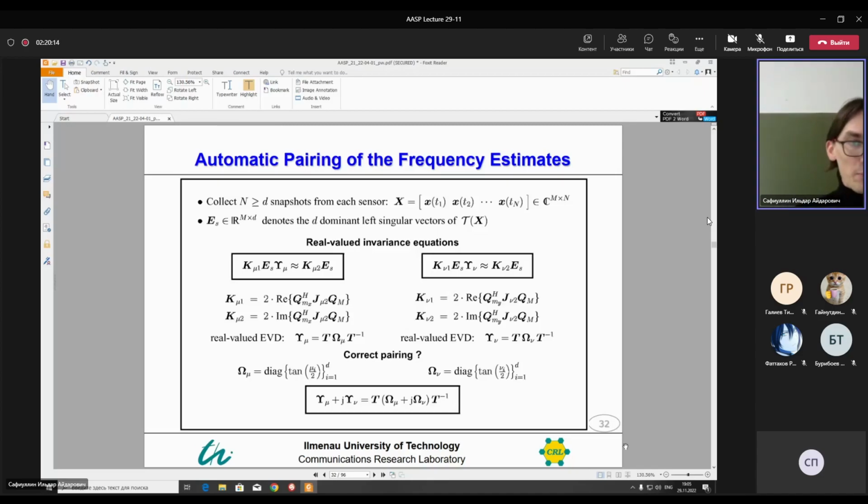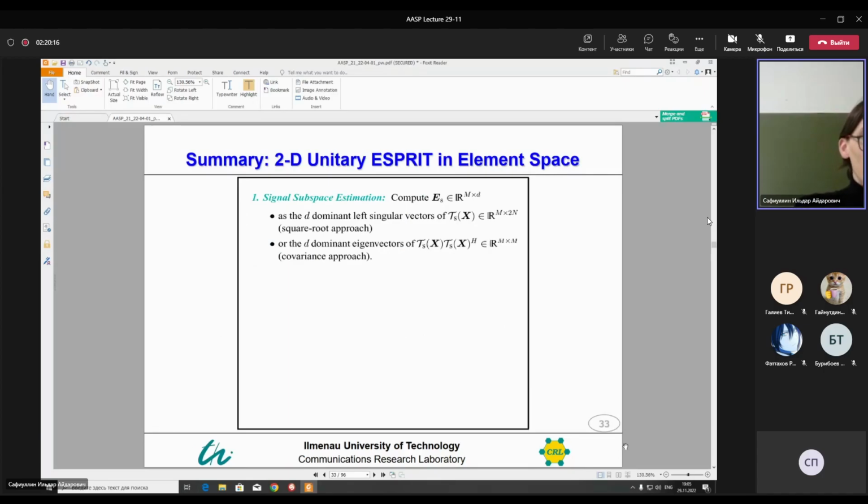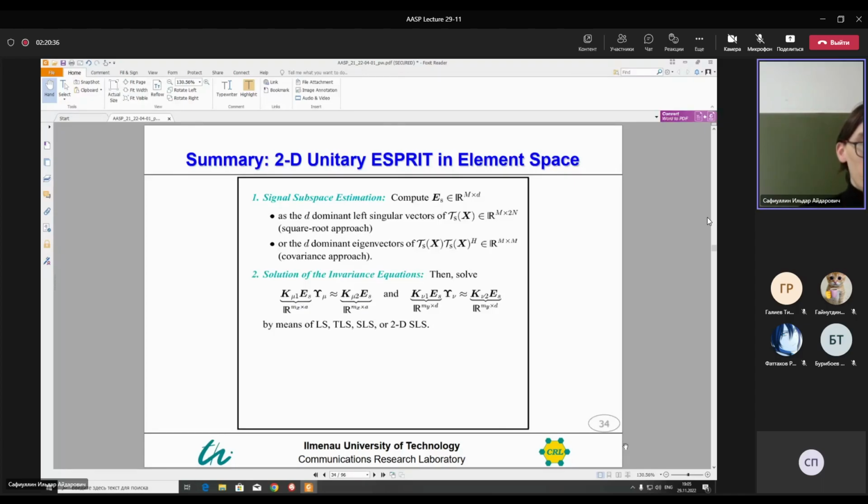And let's see next. So first we compute the signal subspace, using SVD of transformed matrix X, or EVD of multiplication of this transformed X times transformed X Hermitian. Then we calculate these shift invariance equations using, for example, in easiest case, least square solutions.